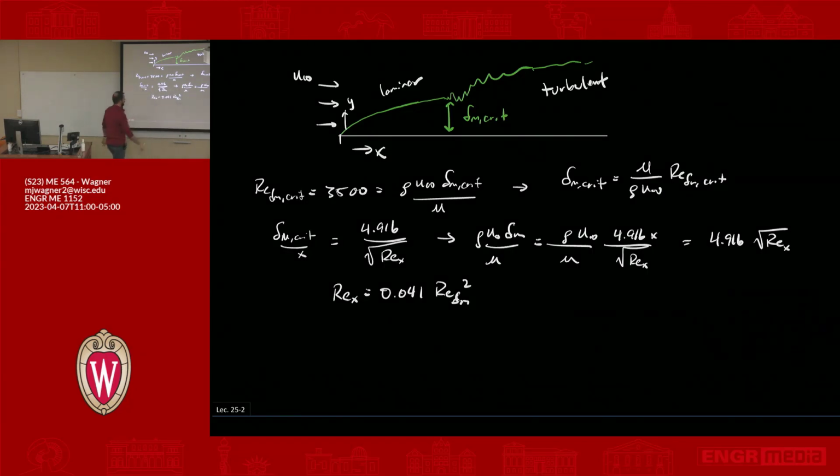We've just related it to delta m. So if we know the critical number is 3,500, we can substitute in, and we'd say Re x critical is equal to 0.041 times 3,500 squared, and that equals 5 times 10 to the 5th.